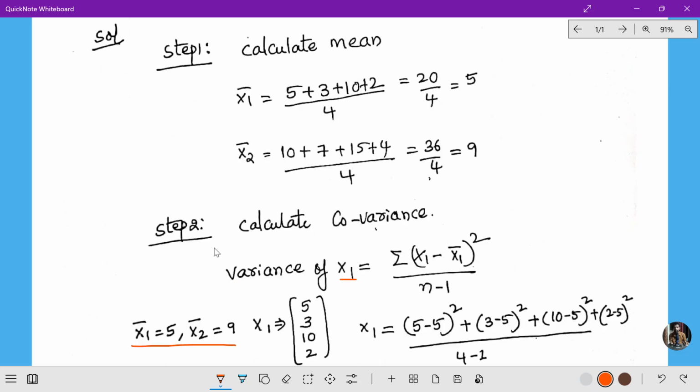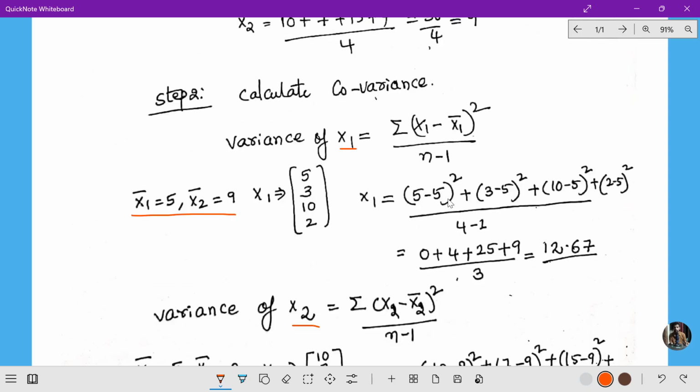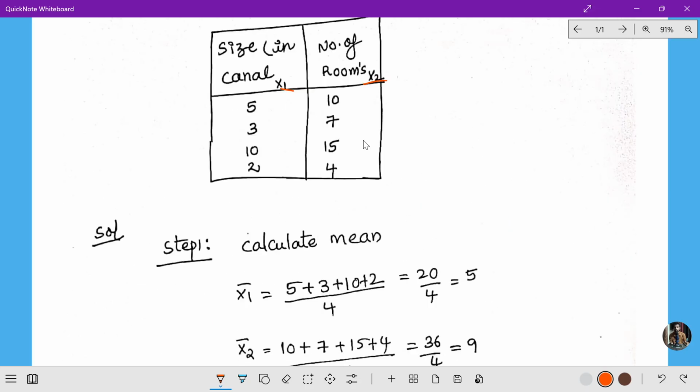What are the values of x1 and x2? The x1 values are 5, 3, 10, 2. Next, the x2 values are 10, 7, 15, 4.